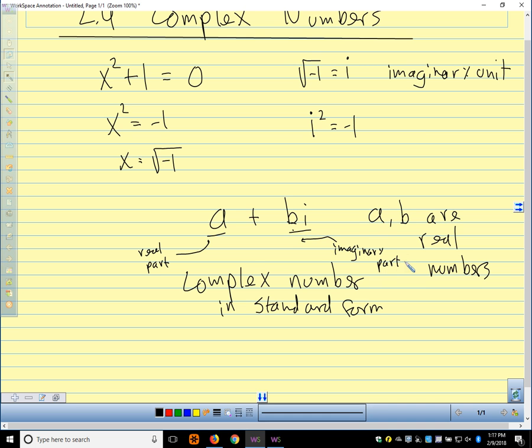It's unfortunate that they call them imaginary numbers, but it's not imaginary in the sense that they don't exist. It's imaginary in the sense that the other numbers mathematicians worked with then were called real numbers, so these were called imaginary numbers. Doesn't mean they don't exist.